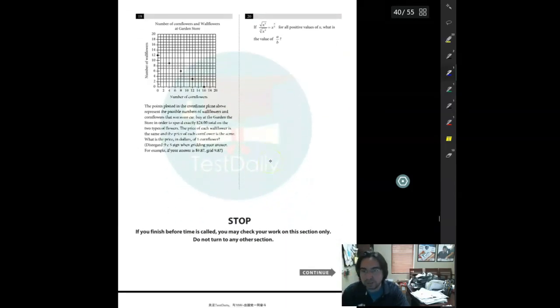Number 19. We have a linear equation that's being graphed on this coordinate plane. It says the points plotted in the coordinate plane above represent the possible numbers of wallflowers and cornflowers that someone could buy at the garden store to spend exactly $24 total on the 2 types of flowers.